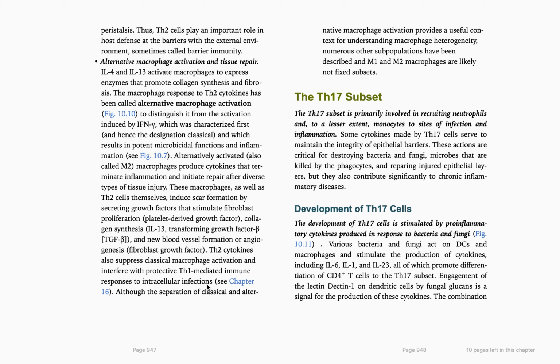T helper 2 cytokines also suppress classical macrophage activation and interfere with protective T helper 1 mediated immune responses to intracellular infection. Although the separation of classical and alternative macrophage activation provides a useful framework for understanding macrophage heterogeneity, numerous other subpopulations have been described, and M1 and M2 macrophages are likely not fixed subsets.